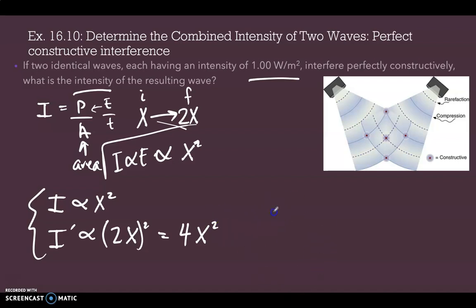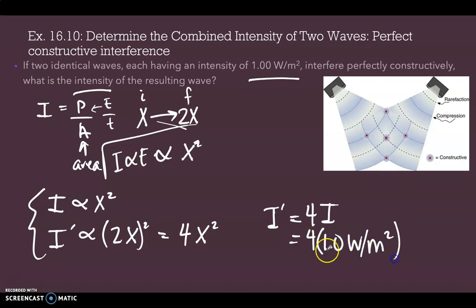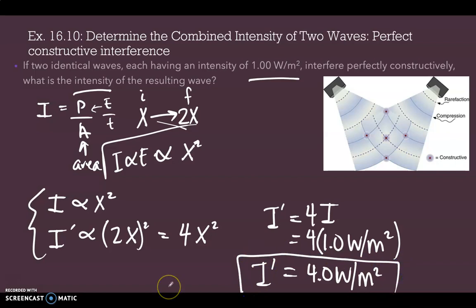So my final intensity, I prime, must equal 4 times my original I, which was 1 watt per meter squared. So my intensity of this resulting wave is going to be 4 watts per meter squared. This is my resulting intensity from this constructive interference of these 2 waves.